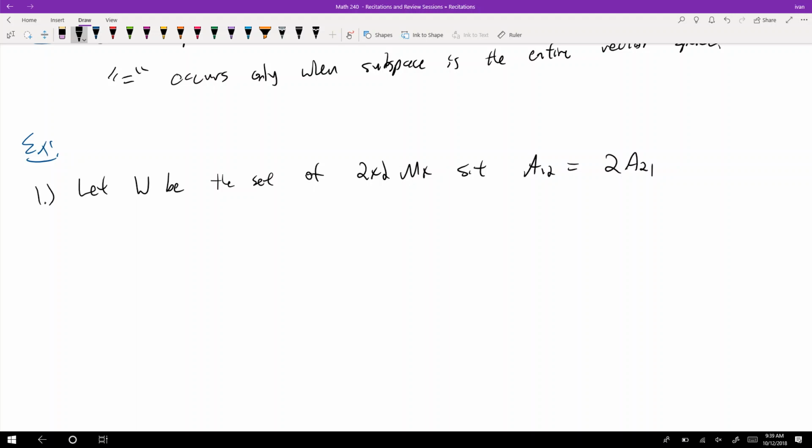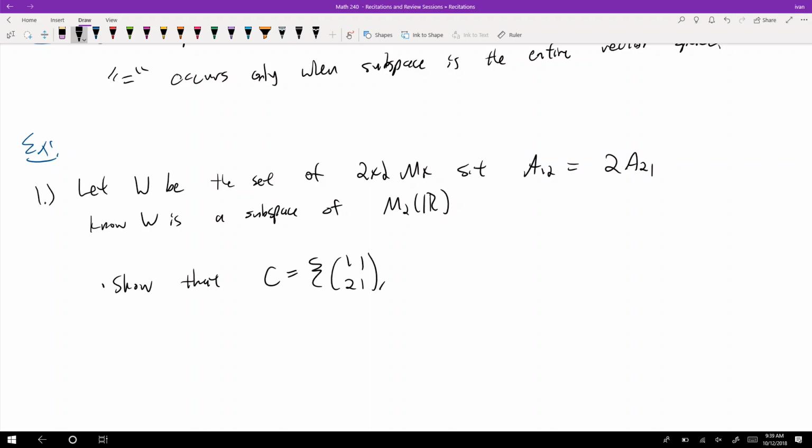And we know that W is a subspace of M2R. So we want to show that C, equal to the matrices 1, 1, 2, 1, 1, 0, 0, 1, 0, 1, 2, 3, is a basis for W.